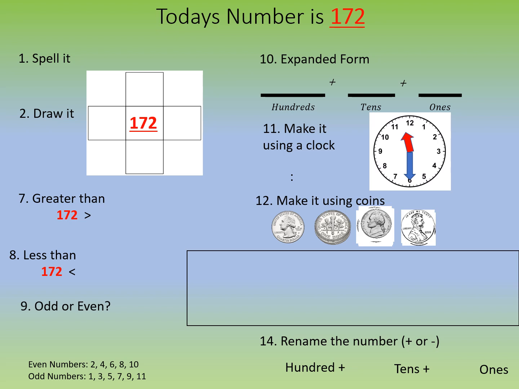Today's number is 172. The first thing that we do is spell it. Let's break 172 into small parts. The first number we'll spell is 1. 1 is spelled O-N-E. Hundred is spelled H-U-N-D-R-E-D. 70.